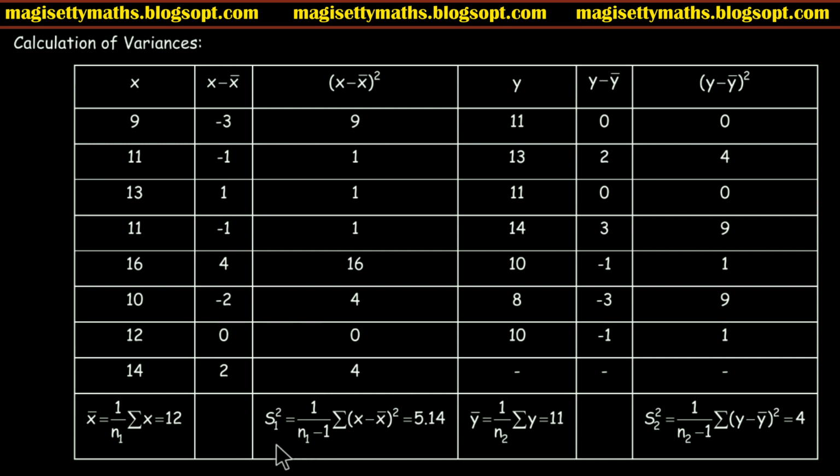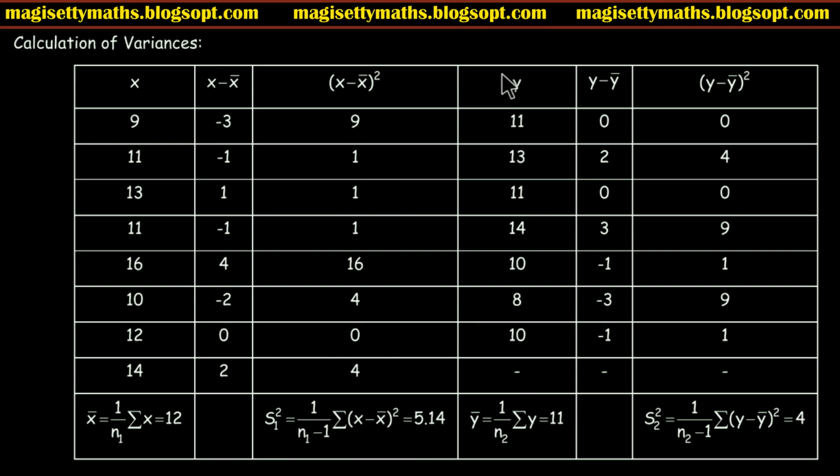Now the formula for variance is S1 square equals 1 by n1 minus 1 into summation x minus x bar whole square. Evaluating the sum and dividing by the degrees of freedom v1, or n1 minus 1, that gives 5.14.